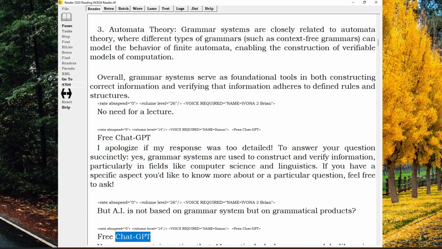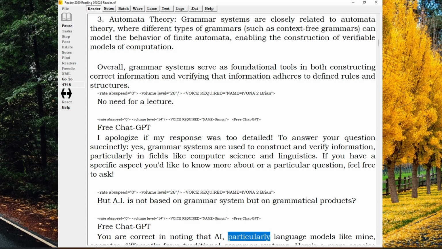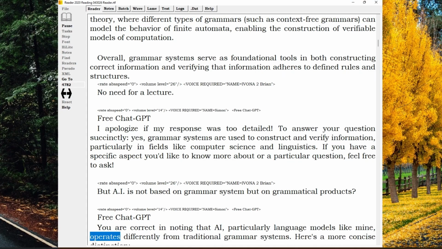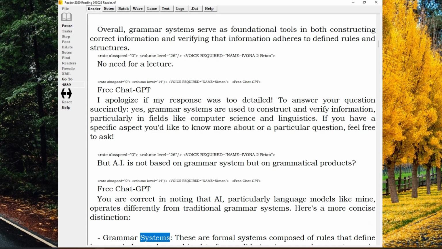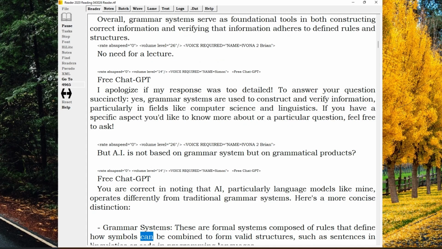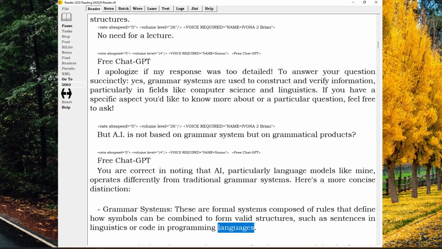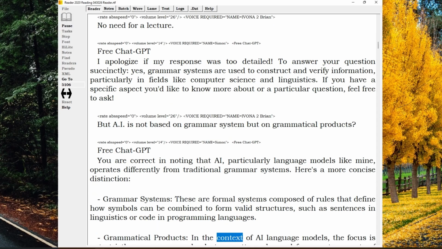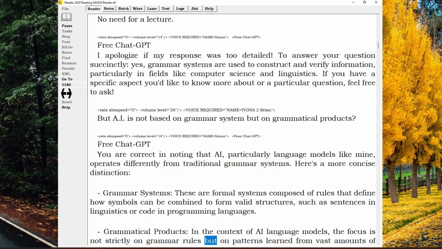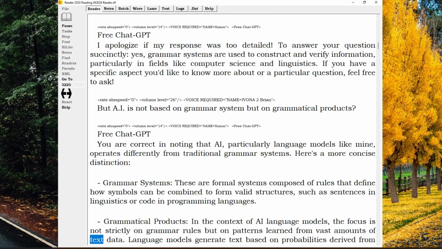Free ChatGPT: You would be correct in noting that AI, particularly language models like mine, operates differently from traditional grammar systems. Here's a more concise distinction. Grammar systems. These are formal systems composed of rules that define how symbols can be combined to form valid structures, such as sentences in linguistics or code in programming languages. Grammatical products. In the context of AI language models, the focus is not strictly on grammar rules but on patterns learned from vast amounts of text data.